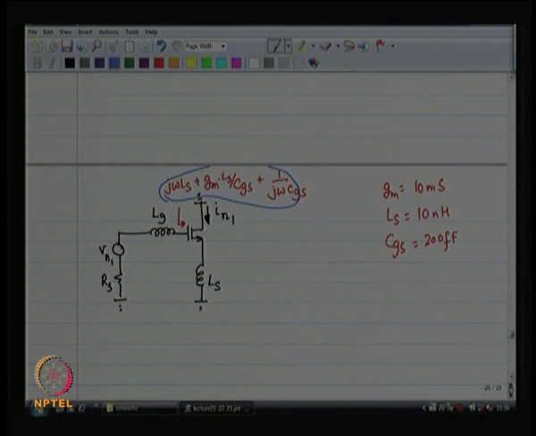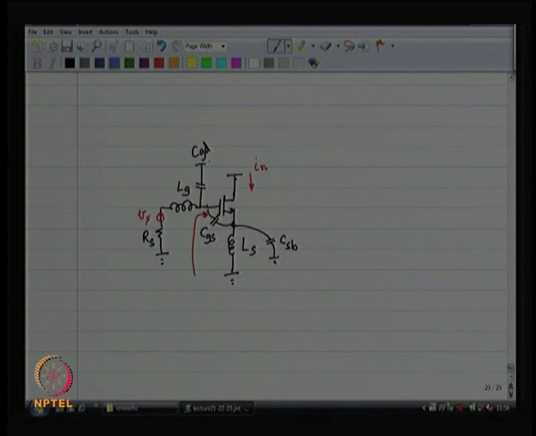So, the input impedance looking in over here is Gm times Ls by Cgs. It is a resistance that you see looking in over there. Now, you are basically going to do a voltage division, and that will tell you what is the voltage over here with respect to ground, but that is not enough for me.